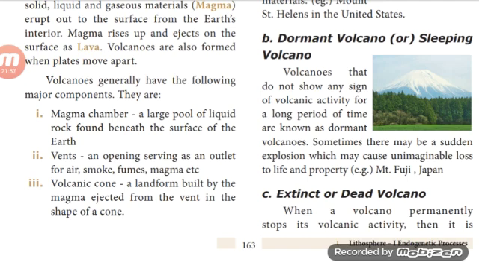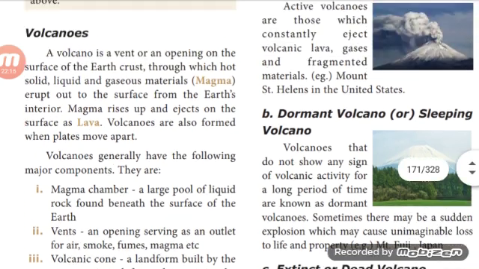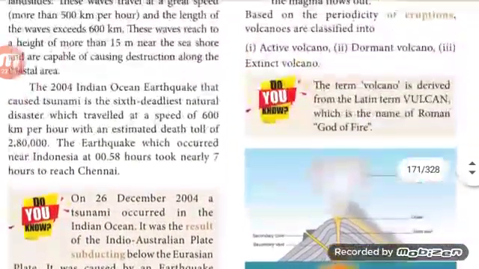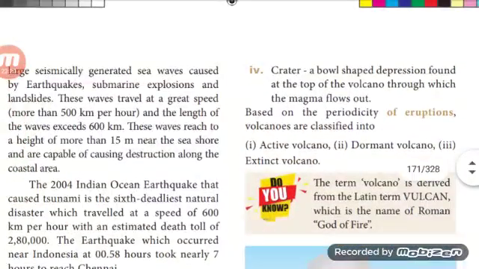Third one is volcanic cone. It is a landform built by the magma in the shape of a cone. I think you know the cone shape. So it may be ejected through that vent and form the shape of a cone. So it is called volcanic cone. And the last one is crater.